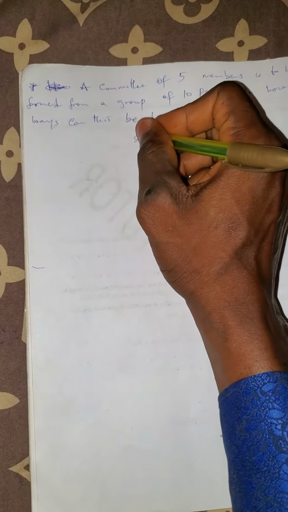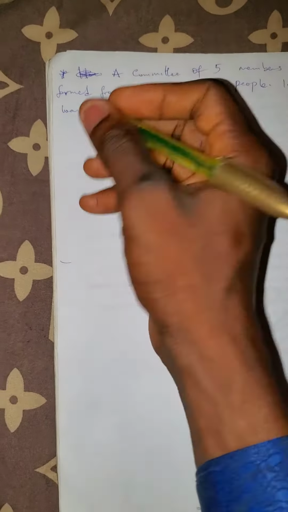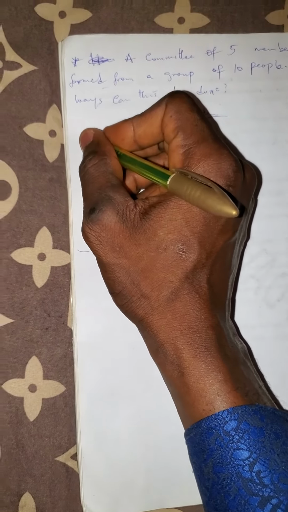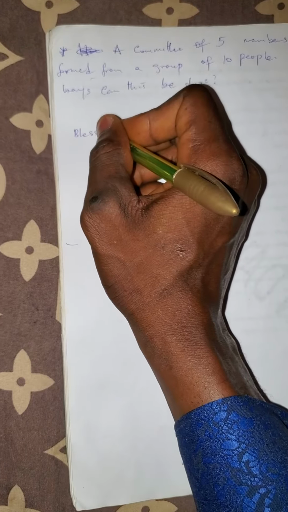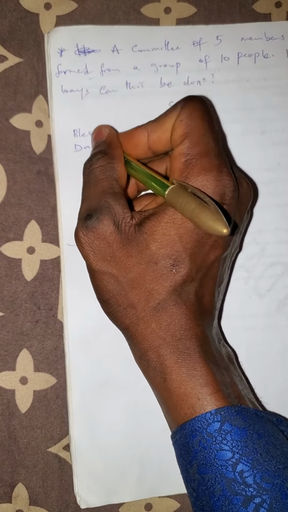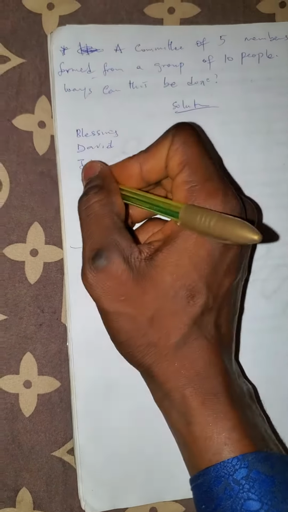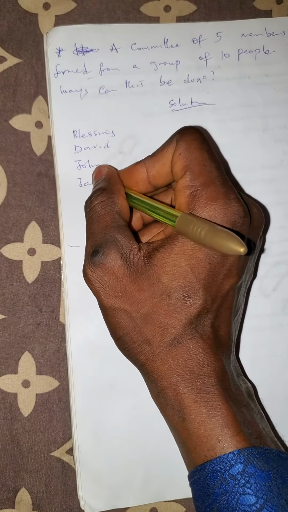Now, a committee of 5, these are people, not even alphabet. Let's list 10 people. Can I have Blessing? Can I have David? Can I have John? We can have James.